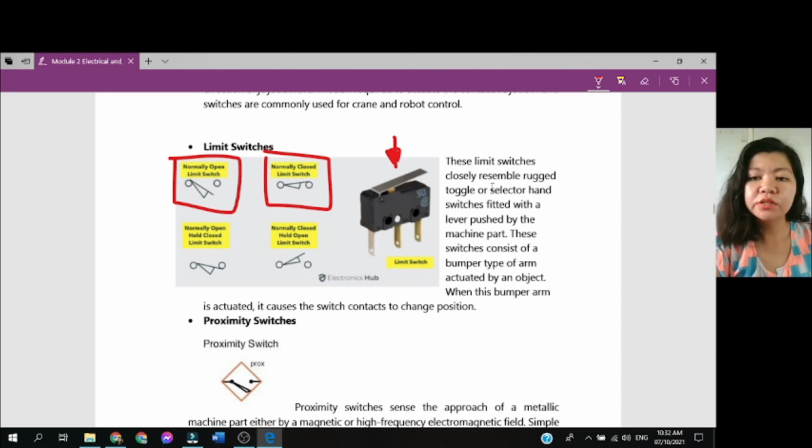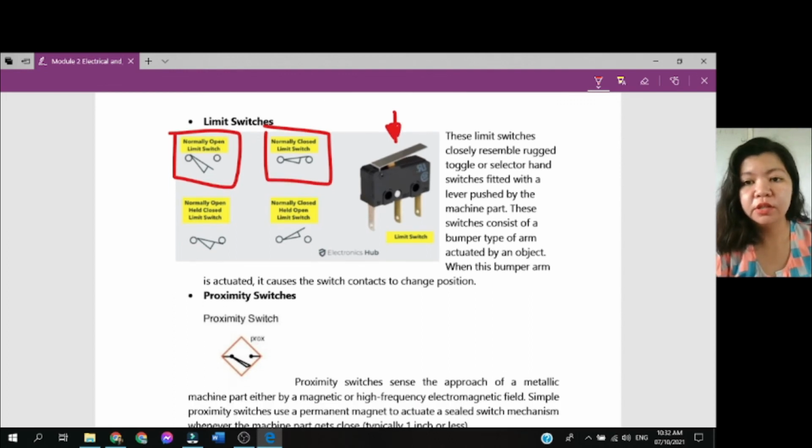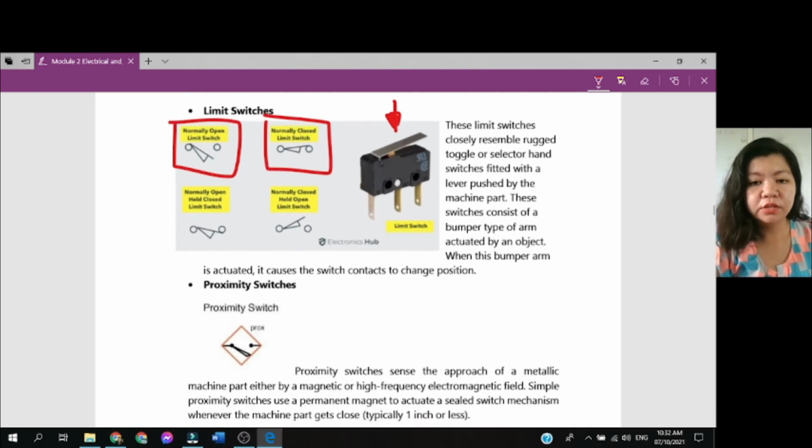So these limit switches closely resemble rugged toggle or selector hand switches fitted with a lever pushed by the machine part. So these switches consist of a bumper type of arm actuated by an object. For it, this one, it was designed so it's easier for it kahit machine lang yung mag-trigger ng on and off ng switch. So when this bumper arm is actuated, it causes the switch contact to change position.